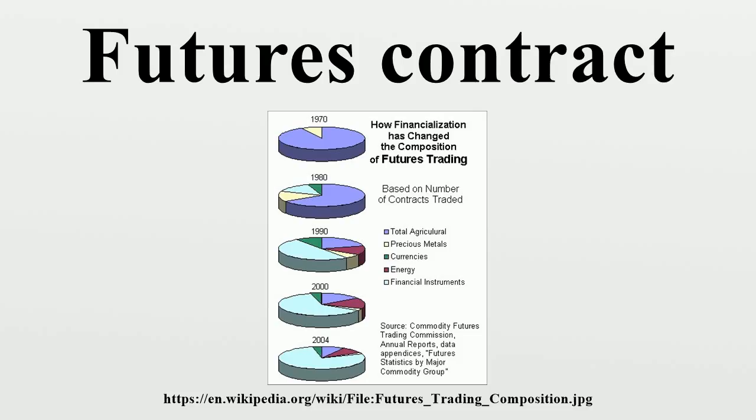Performance bond margin is the amount of money deposited by both a buyer and seller of a futures contract or an options seller to ensure performance of the terms of the contract. Margin in commodities is not a payment of equity or down payment on the commodity itself, but rather it is a security deposit.